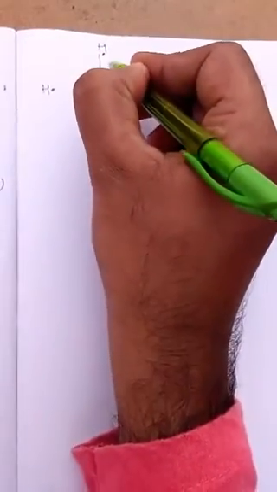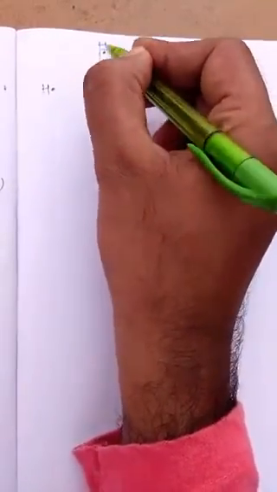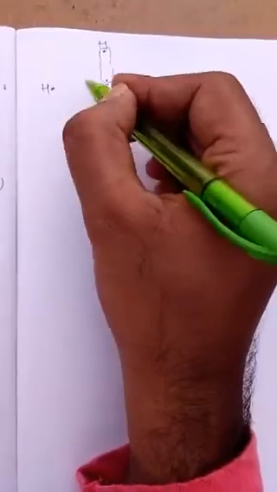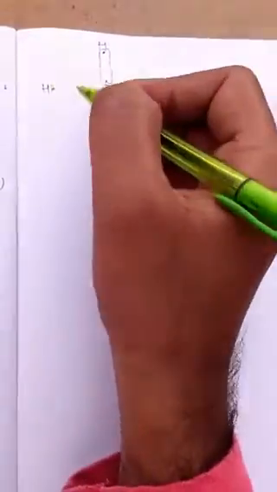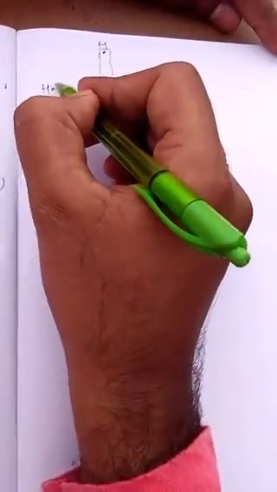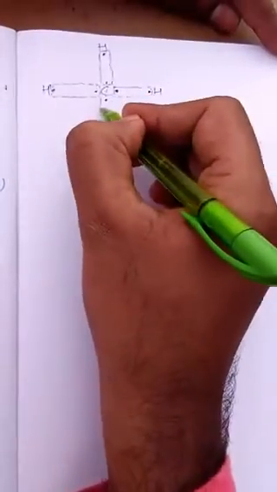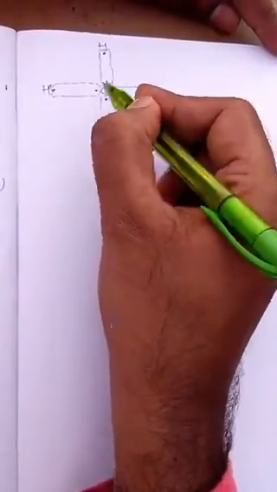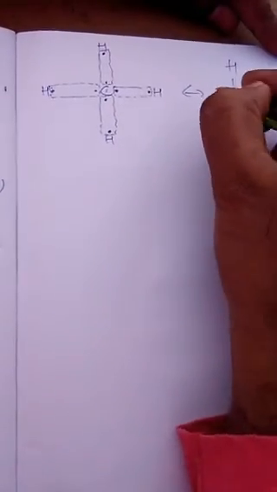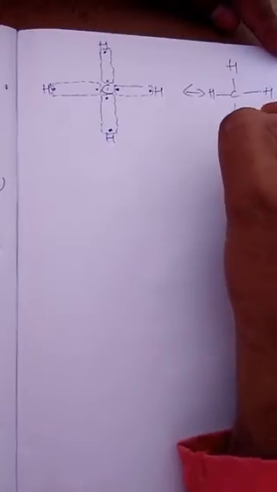This is the sharing of electrons between these 2 atoms: carbon-hydrogen, carbon-hydrogen, carbon-hydrogen, carbon-hydrogen. So simply CH4, the methane molecule.